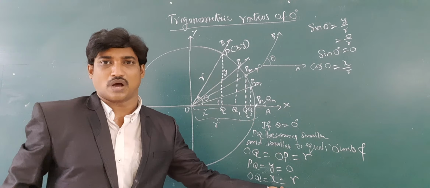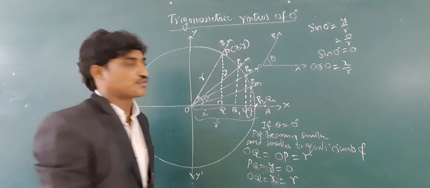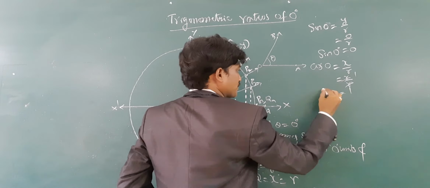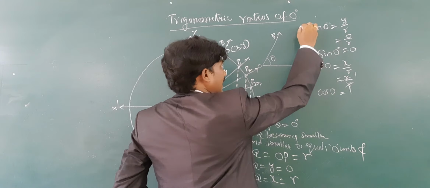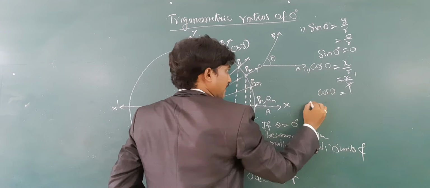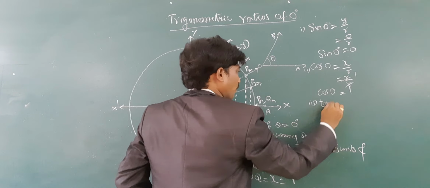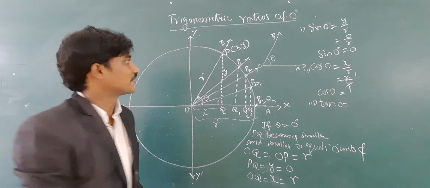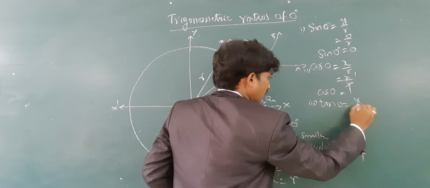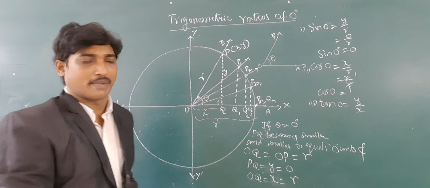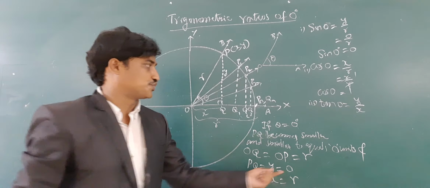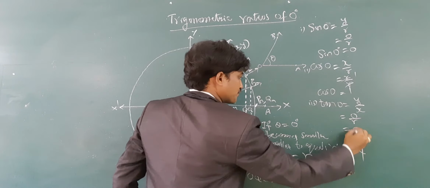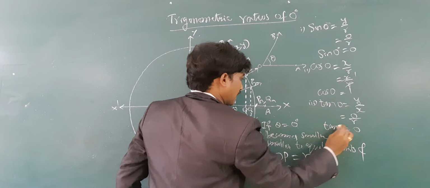Here x equals r in case of theta is 0, so r by r, r one time, cos 0 degree is 1. Next, tan 0 is y coordinate by x coordinate, that is y by x. Here y equals 0 and x equals r. 0 by r is 0, so tan 0 degree value is 0.